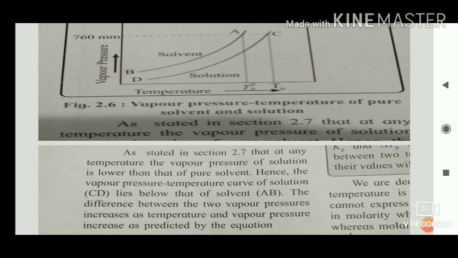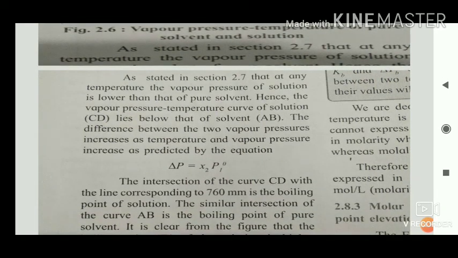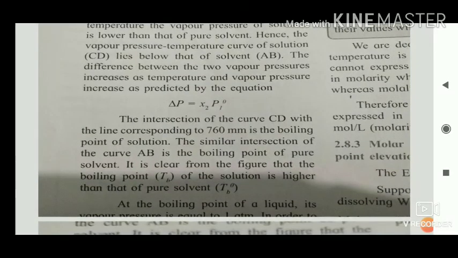The difference between the two vapor pressures increases as temperature and vapor pressure increase, as predicted by the equation. The intersection of the curve CD with the line corresponding to 760 mm is the boiling point of the solution. The similar intersection of the curve AB is the boiling point of the pure solvent. It is clear from the figure that the boiling point TB of the solution is higher than that of the pure solvent, that is TB naught.